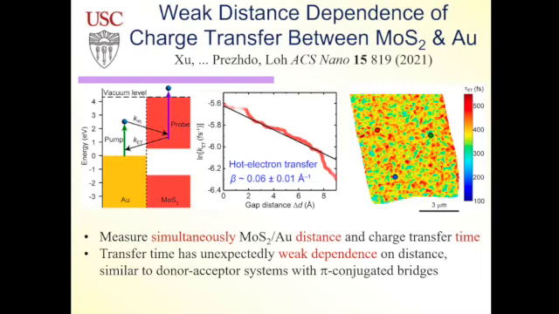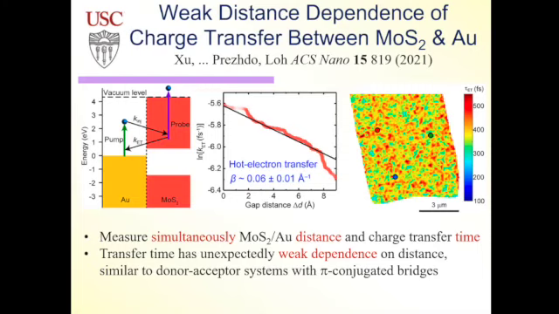And he reports the rate as a function of distance. The gold surface is rough, and he can figure out the distance between gold at a particular spot and the MoS2 on top. Then he measures the rate for different spots, so he can measure the rate as a function of the gap between gold and MoS2.